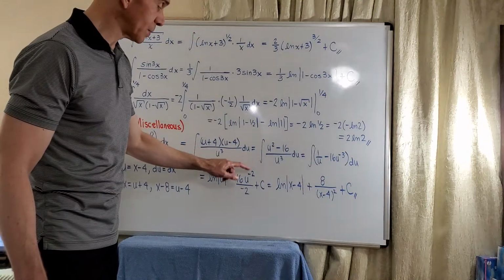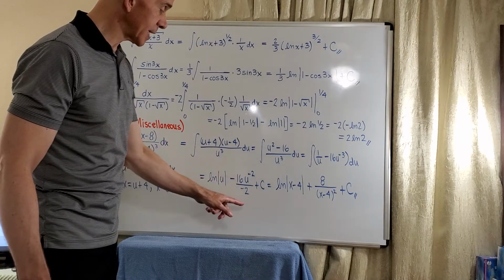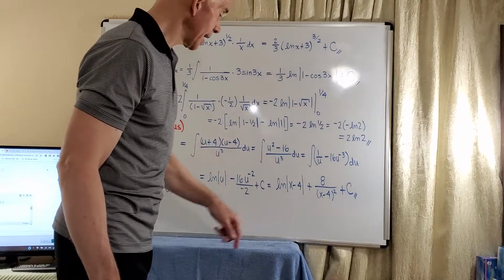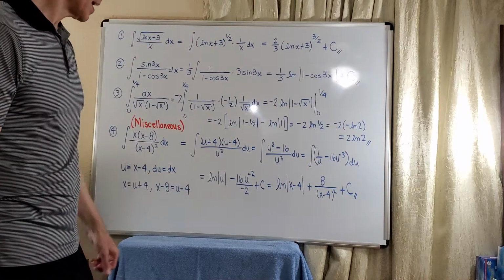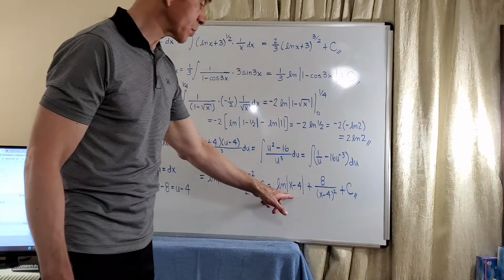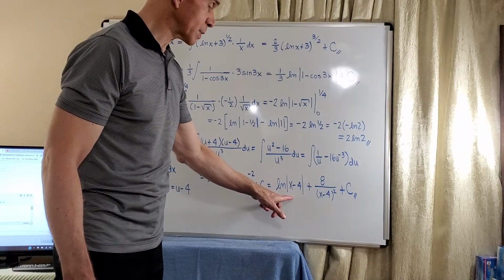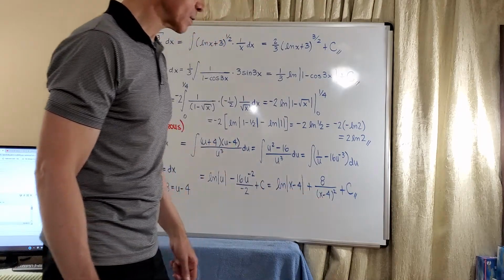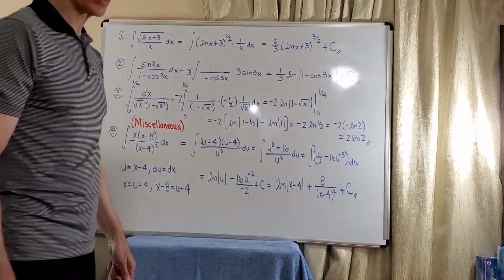So we get negative 2 divided by negative 2. The negatives absorb, and we have 16 over 2, which gives us an 8. And the u squared is downstairs. And now we just fill in u by its definition, x minus 4. So we have the natural log of the absolute value of x minus 4 plus 8 divided by x minus 4 quantity squared plus an arbitrary constant.